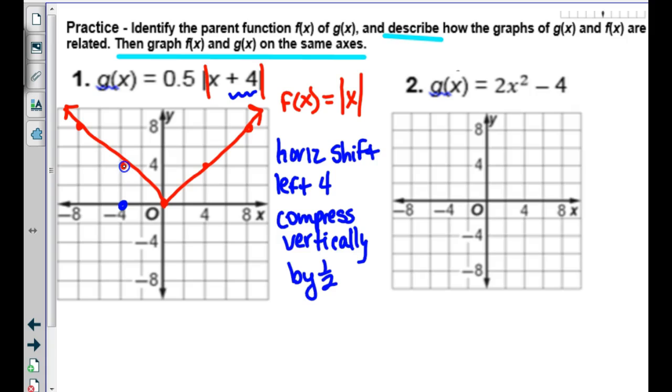This point up here, this one right here, if I move him left 4, but he goes half the distance back to the x-axis because it's only half as tall now. This point right up here, if I move him left 4 and only half as tall would be here, and I don't have much room to do other points, this one would actually move here.